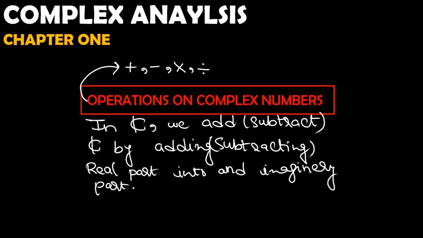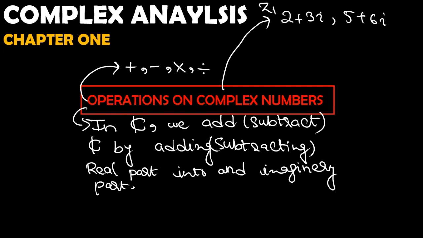For example, if I have two complex numbers, 2 plus 3 iota and 5 plus 6 iota, let's say Z1 is this and Z2 is this. These are our two complex numbers. So how can I add them?